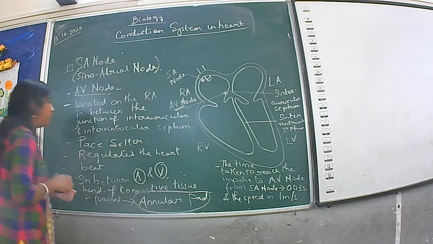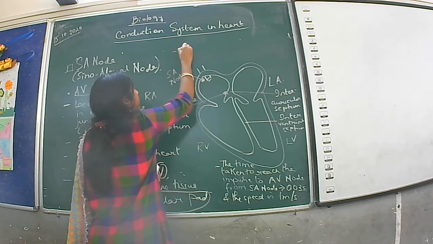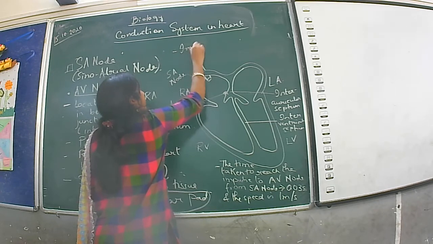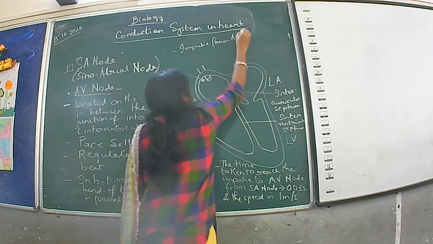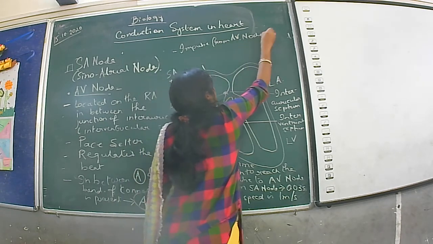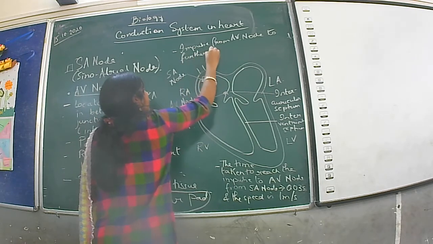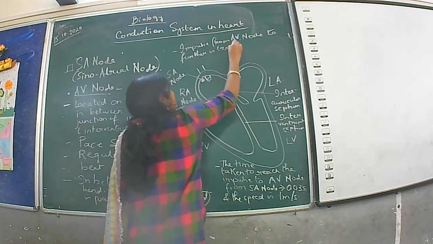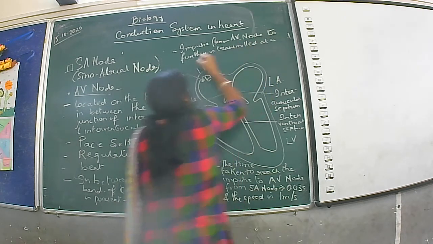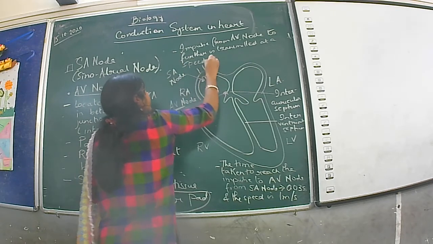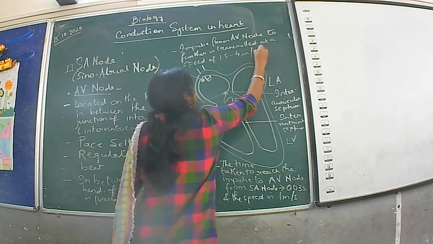Let me write it down: impulse from AV node is transmitted further at a speed of 1.5 to 4 meter per second.